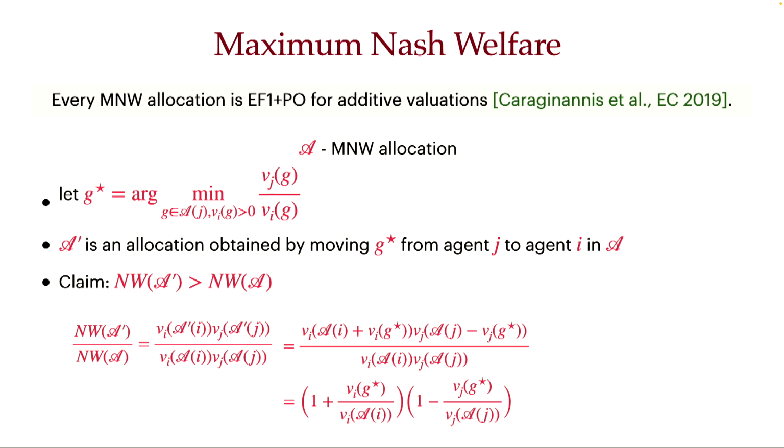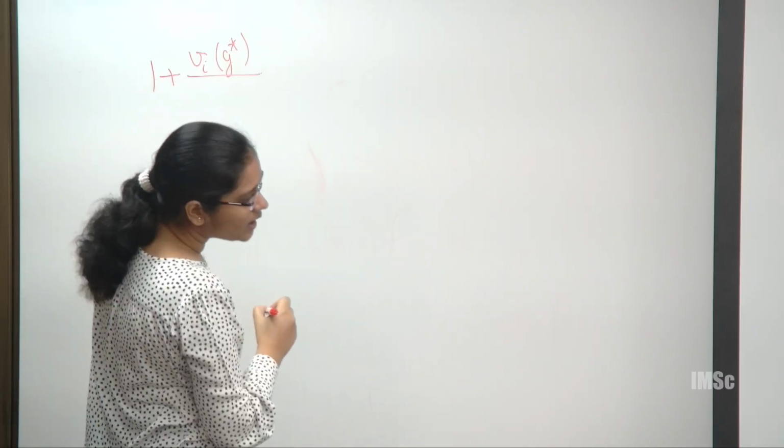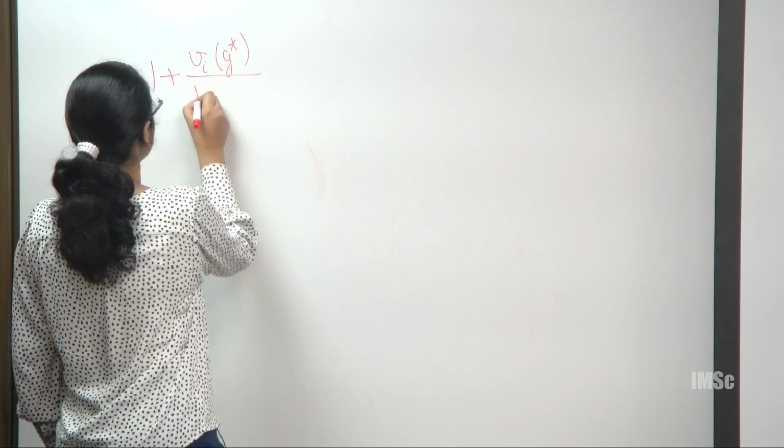Now, this we can write as 1 plus Vi G star over Vi Ai.